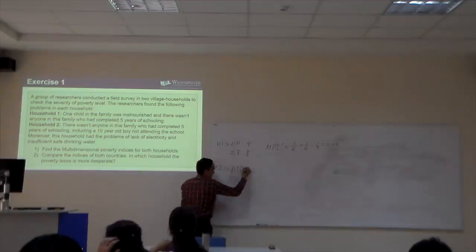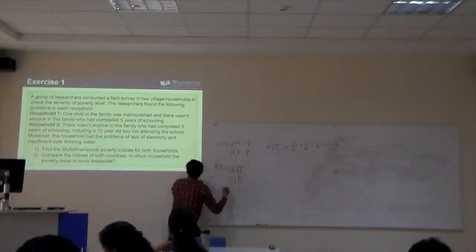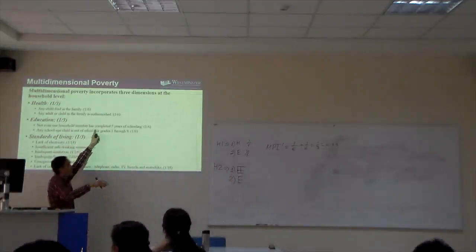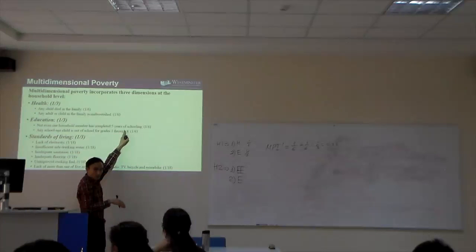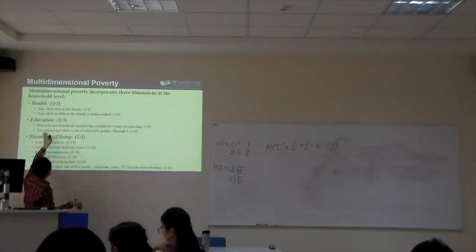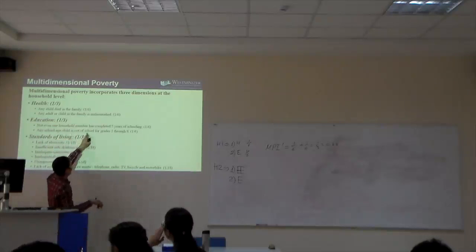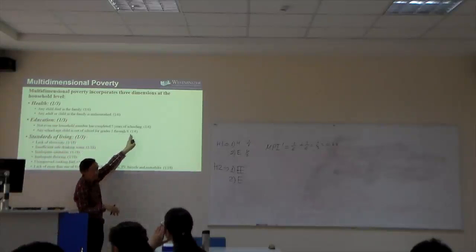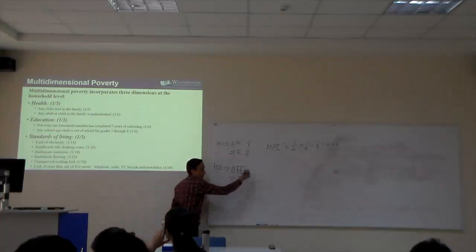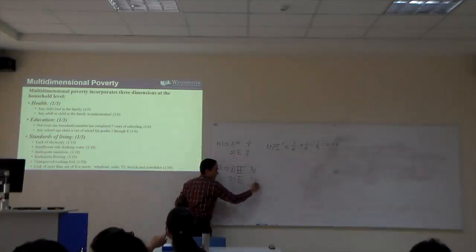Again, it's education. So there isn't anyone in the family who completed 5 years of schooling, and it includes one 10-year-old boy who's not attending school. A child out of school for grades 1 through 8, the 10-year-old belongs to this group. There are 2, which means 2 education problems. 1 over 6, 1 over 6.